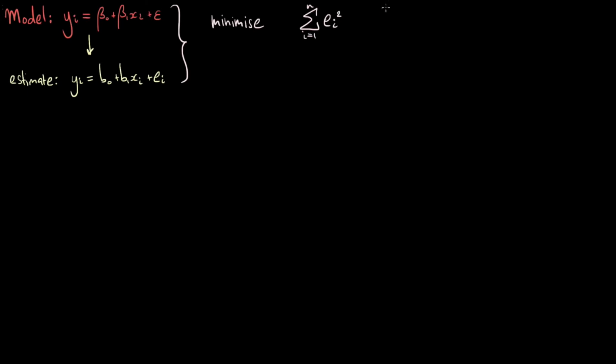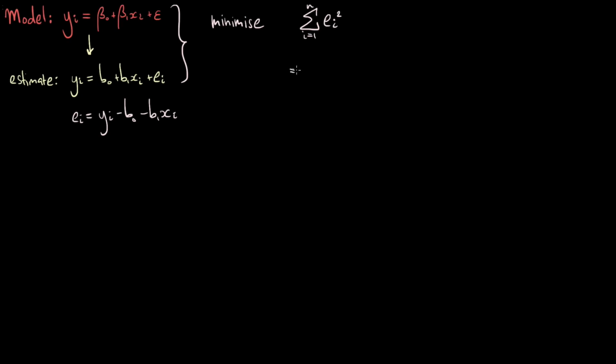This is a decent starting point, but it's useful if we can express this error term in terms of our data, x and y, and our guesses for beta 0 and beta 1, b0 and b1. So we can rearrange this equation, take b0 plus b1xi over to the other side, and write ei equal to yi minus b0 minus b1 times xi.